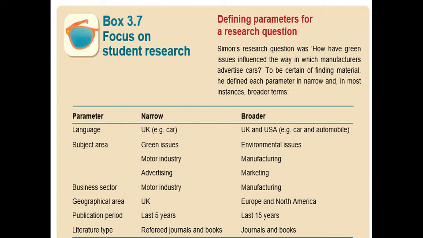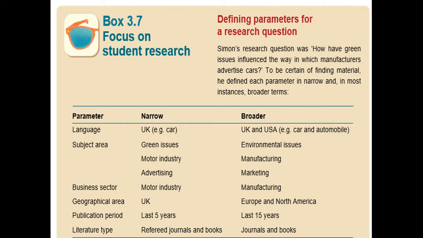The topic is very interesting, and one of your groups can choose this topic. You can just change from the car industry to any other industry, and you can study how the advertisements have been influenced by the green issues.